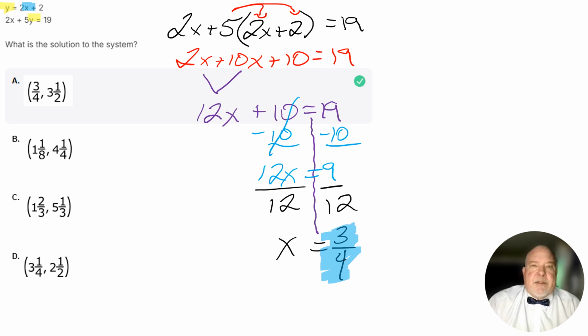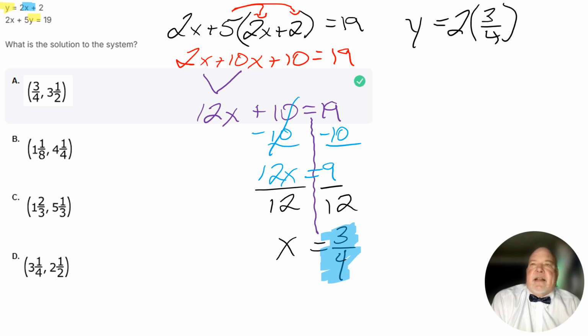And let's see what happens when I do that. So I have y equals 2, and then instead of x, I'm going to replace it with the value 3/4. And then that's plus 2. So go ahead and simplify this.